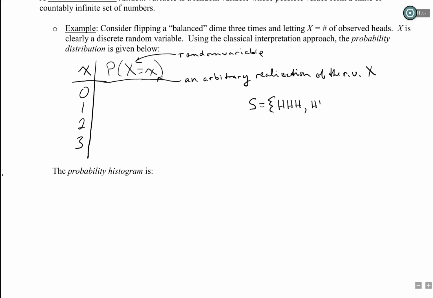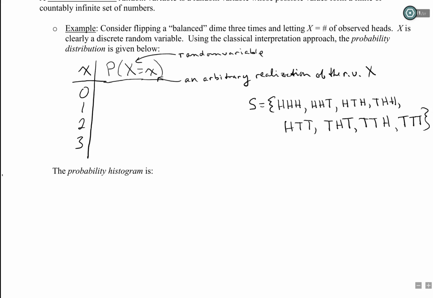I could toss head, head, tail; head, tail, head; or tail, head, head. I could toss head, tail, tail; tail, head, tail; tail, tail, head; and then lastly I could toss 3 tails.